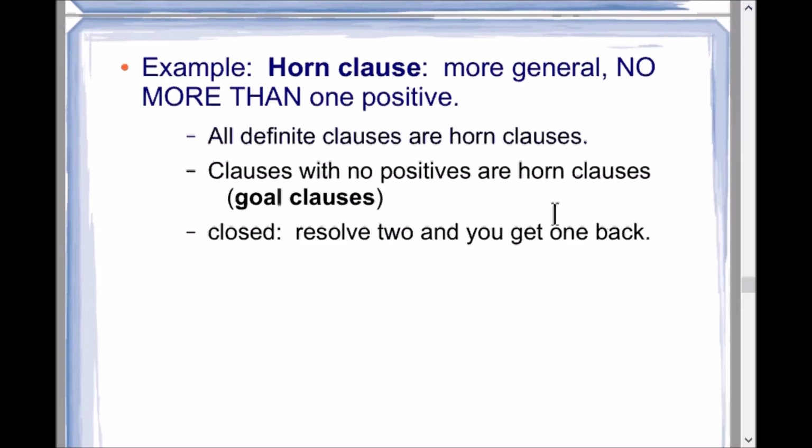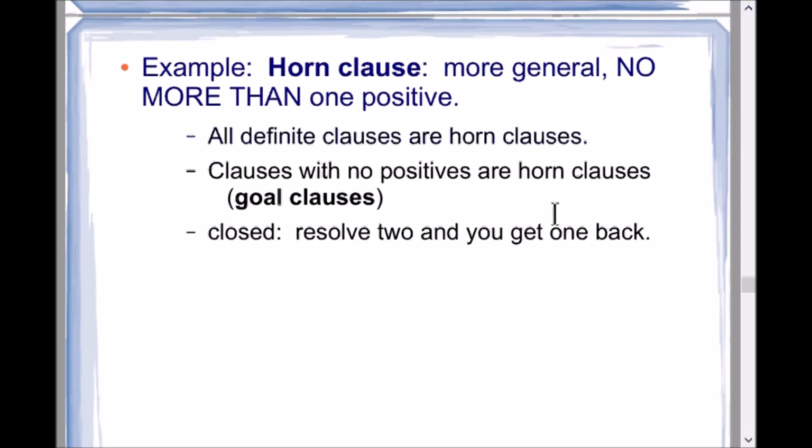Also, horn clauses that have no positives go by another name. They're also known as goal clauses. That would be a disjunction of four literals that are all negative: not A, or not B, or not C, or not D. That's a horn clause, and it's also known as a goal clause.